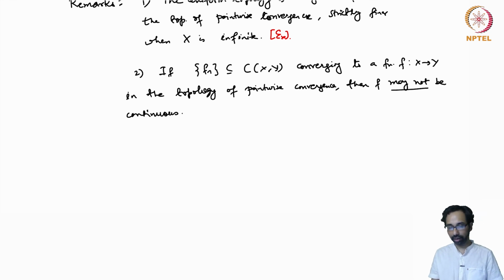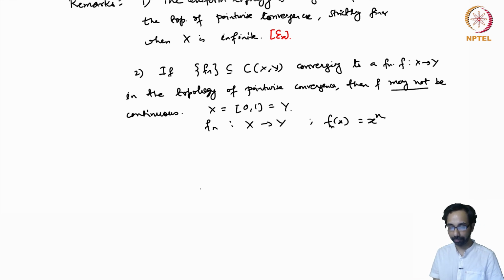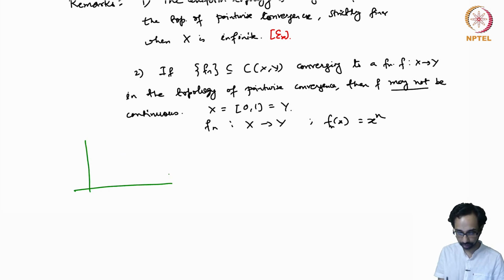And a standard example for this situation is when you take X and Y to be the compact set [0, 1], and f_n from X to Y is defined as f_n(x) equal to x to the power n.